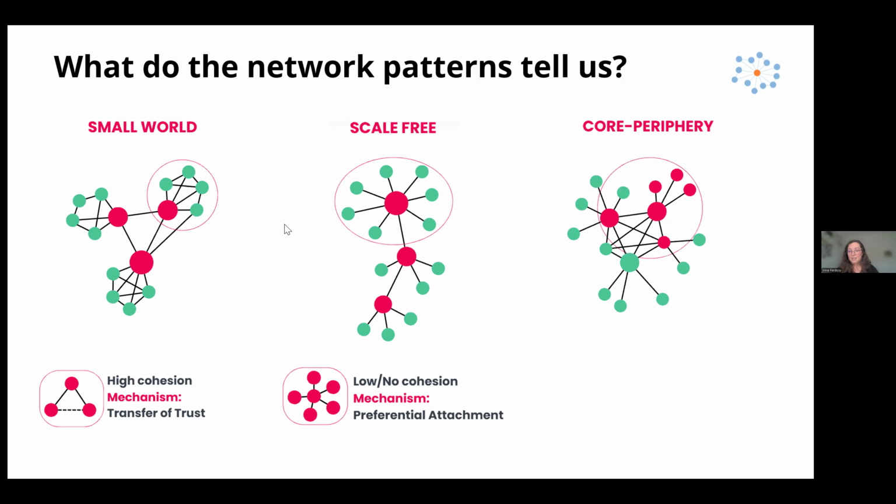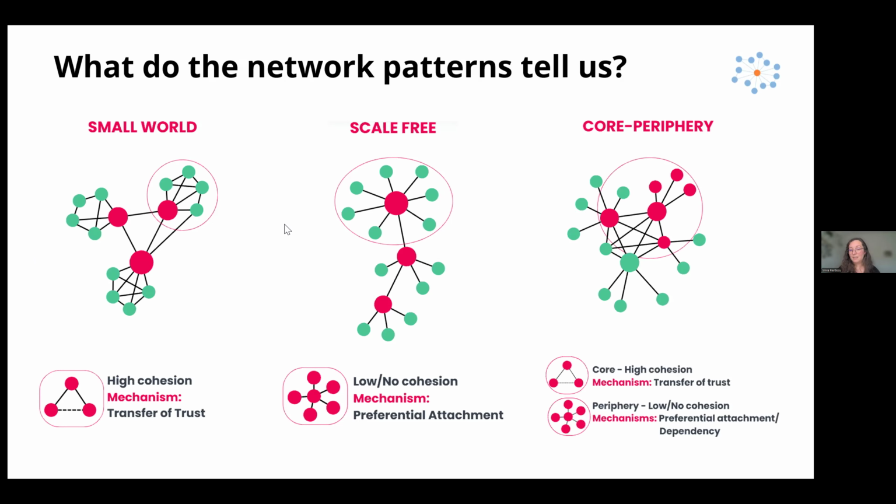And then finally, there's the core-periphery structure that combines the two types of mechanisms, very shortly and generically explained today. The cohesion creates the core of the network, a stable core that is more resilient.